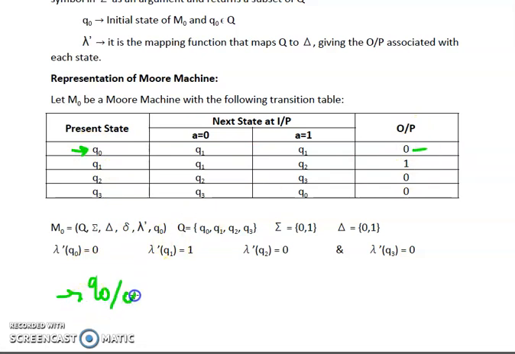So with the state Q0, we are associating the output as 0. Now, while reading the input symbol 0, we will move to the next state Q1. So when we are reading an input symbol 0, we are moving to a state Q1. Now, if we check, the output associated with the state Q1 is 1. So we will write 1 over here.